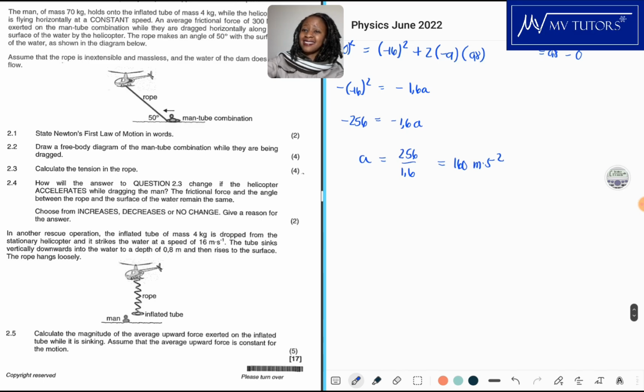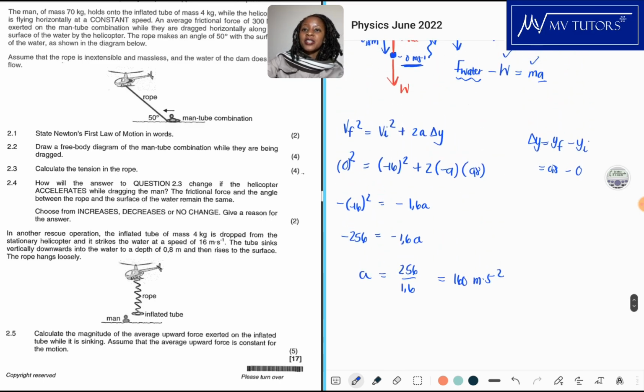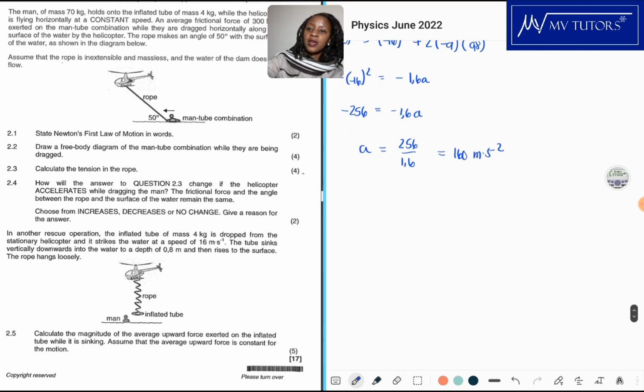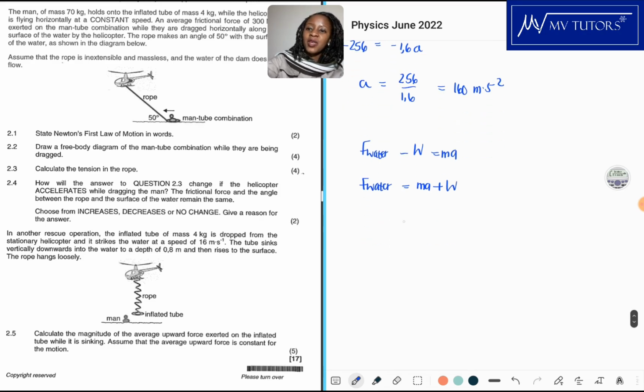So now that we have acceleration, we go back to our equation where we had the force of water minus your weight is equal to mass times acceleration. And now the force of water, which is what we're looking for, would be mass times acceleration plus the weight. We have our mass, which is 4 kilograms, and our acceleration is 160.